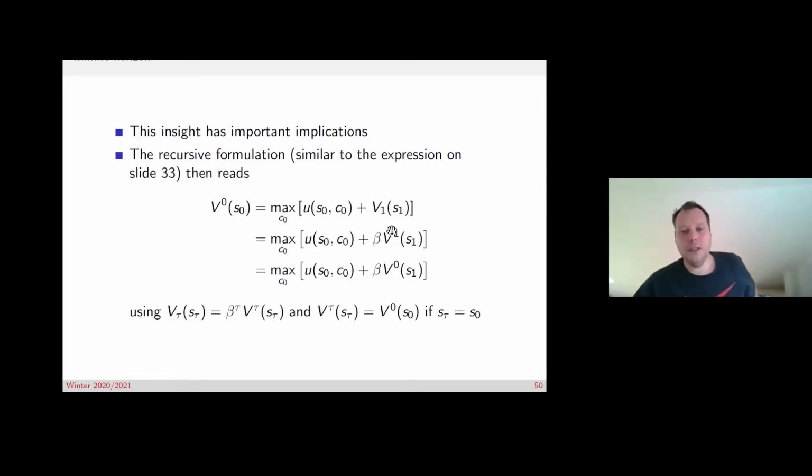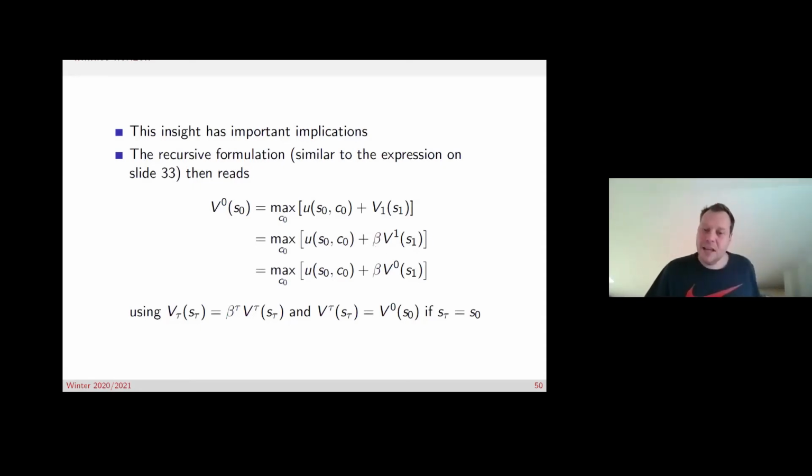Okay, so the only difference between those two things is that this is discounted. The only difference here is that you value this in period 0 units, and this is valued in period 1 units. Well, but then you have to discount this to value everything in period 0 units.